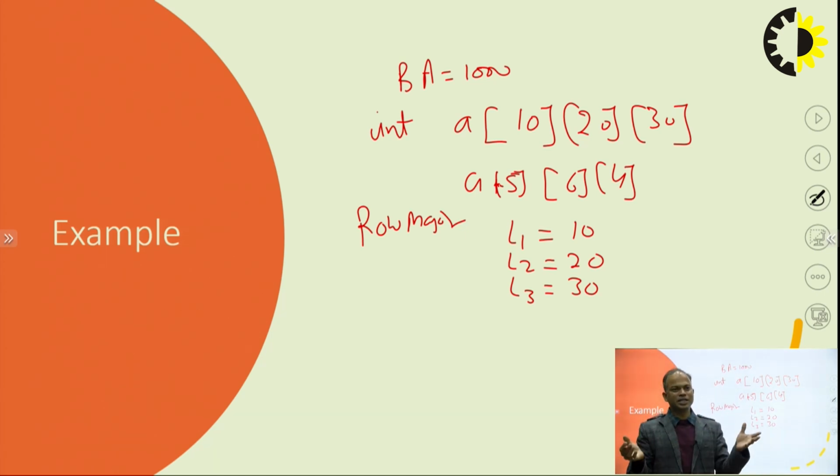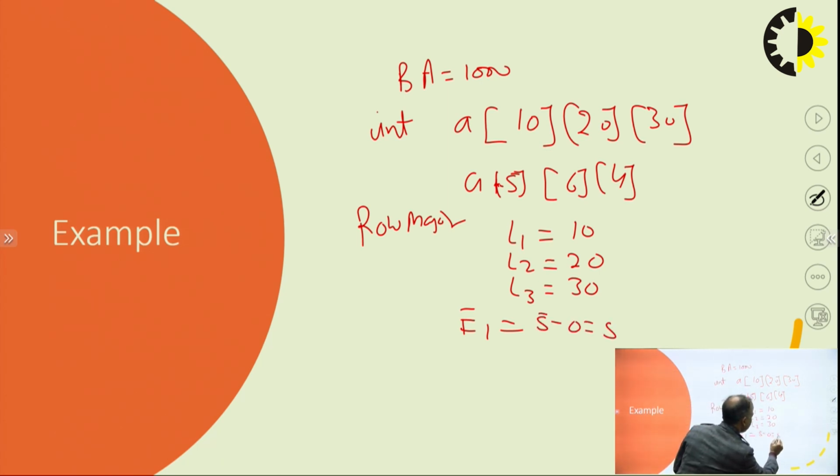If the starting address is not given, we assume that it is 0. E1 is the effective address for dimension 1, 5 minus 0, this is 5.